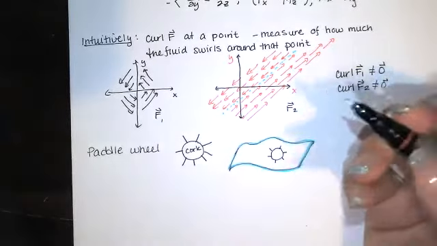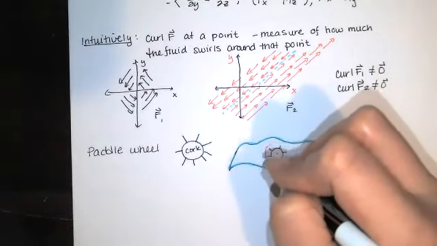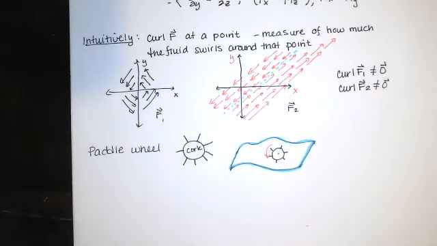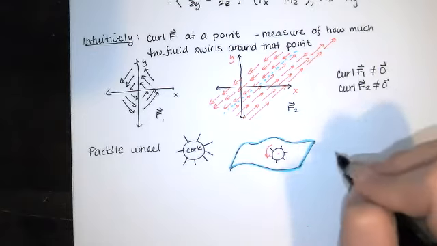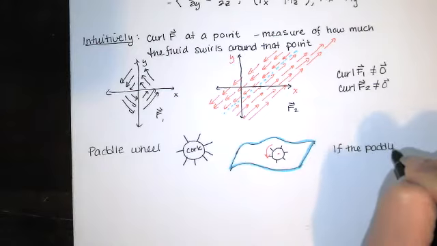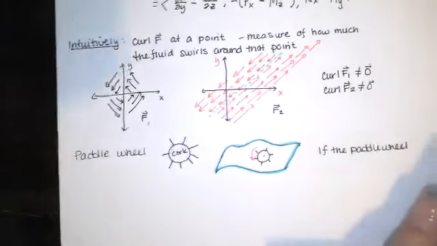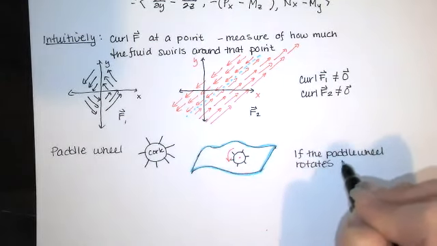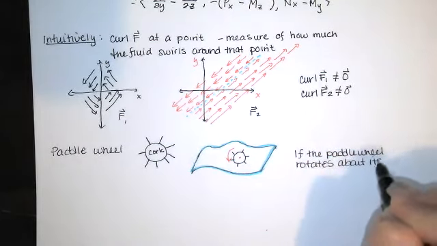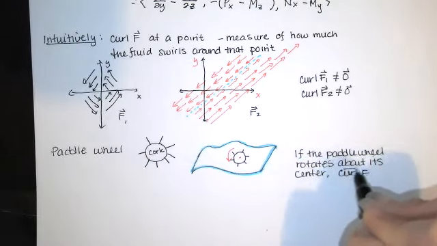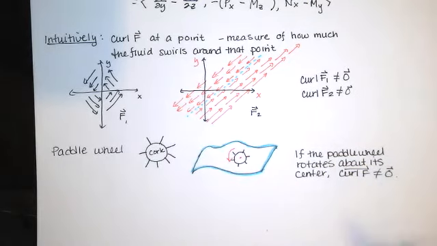If that little paddle wheel starts to rotate about its center, so it starts rotating like this, or it starts rotating the other way, either one would be fine, then the curl is non-zero. So it's not zero at that location where the paddle wheel is.